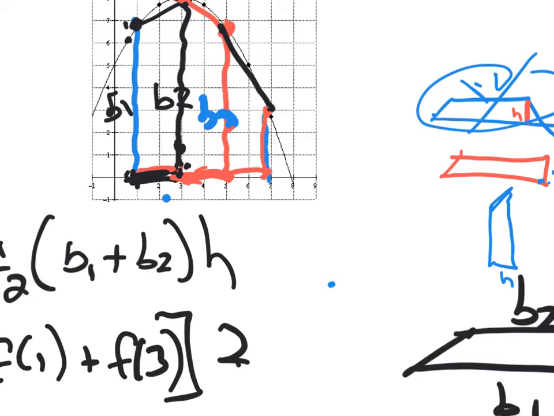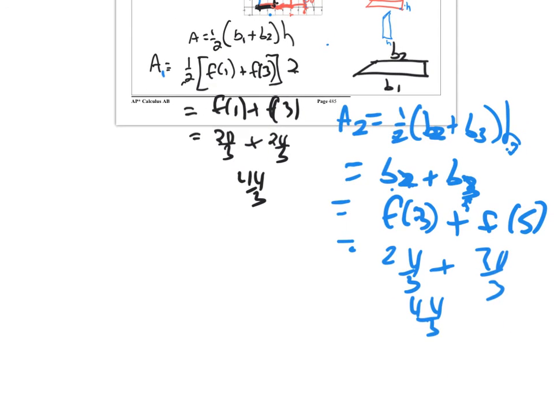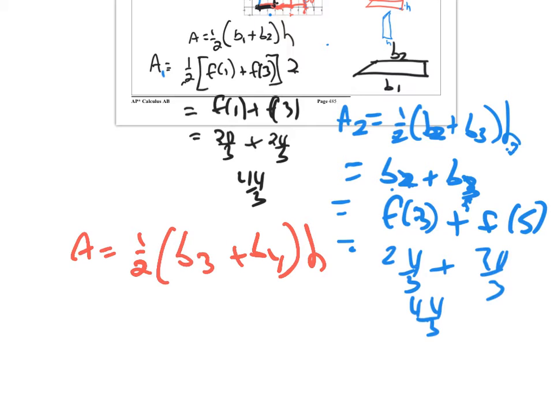There's base 3. This is base 4. Base 3 was f of 5. Base 4 is f of 7. So, area is equal to 1/2 base 3 plus base 4 times the height. The height's a 2, cancel out the 1/2.